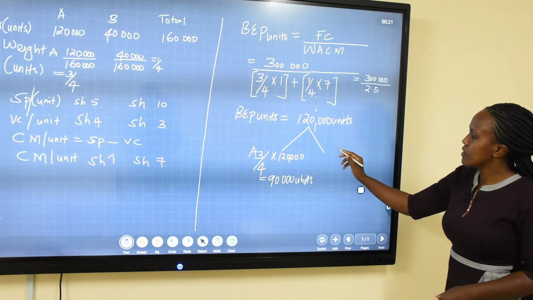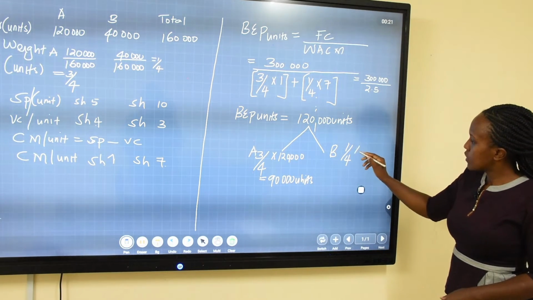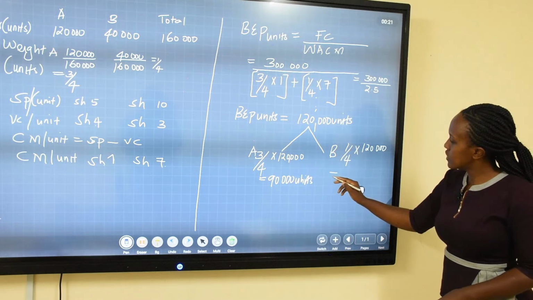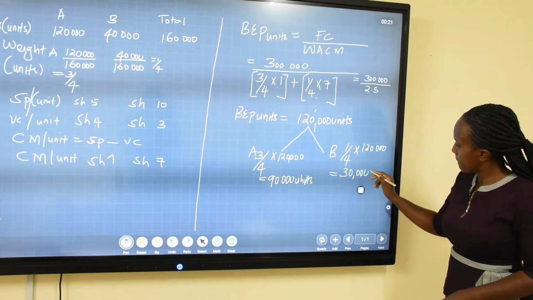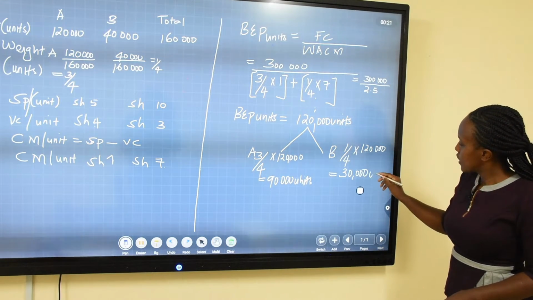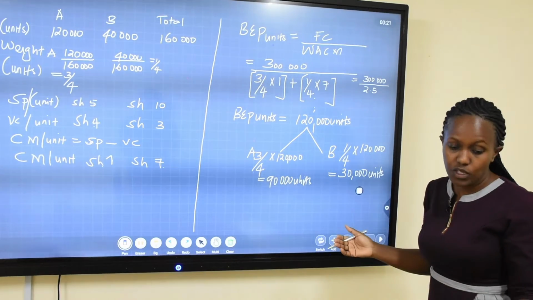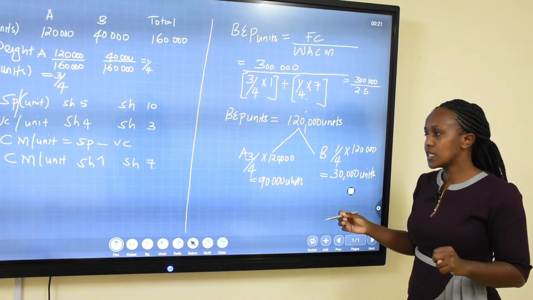Then the weight of B should be a quarter. A quarter multiplied by 120,000, you are going to get 30,000. So you do not have to go back to look at the break-even point per unit.